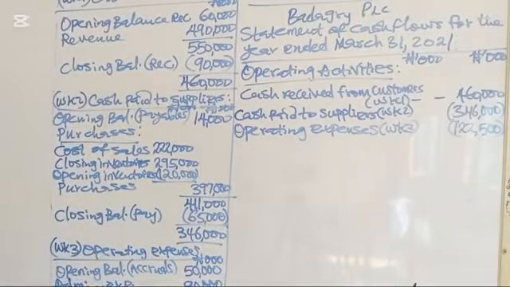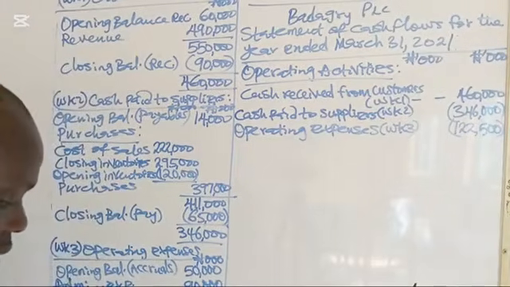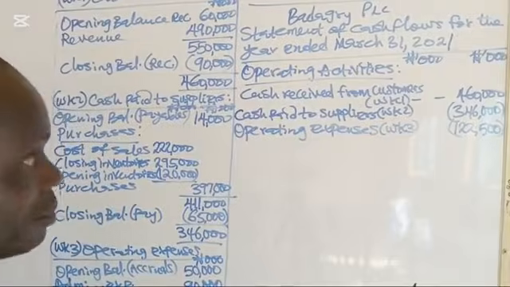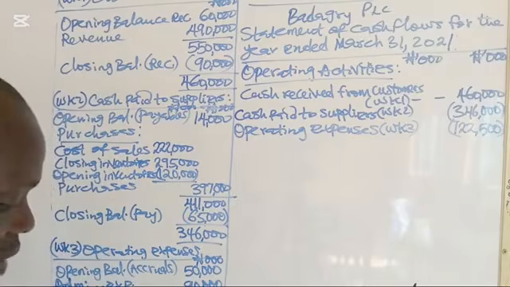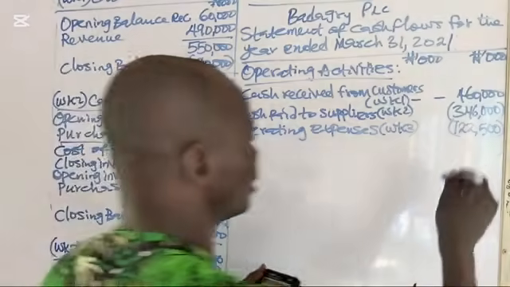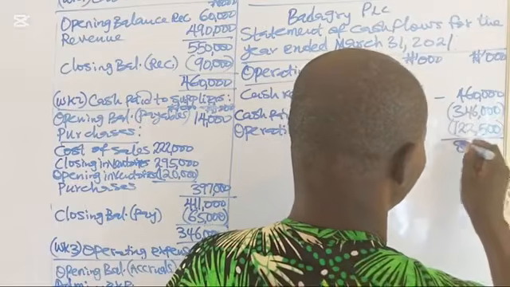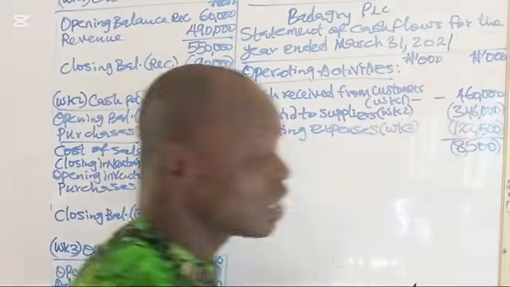What next? 460,000, 346,000 minus 122,500. So we have minus 8,500 negative.